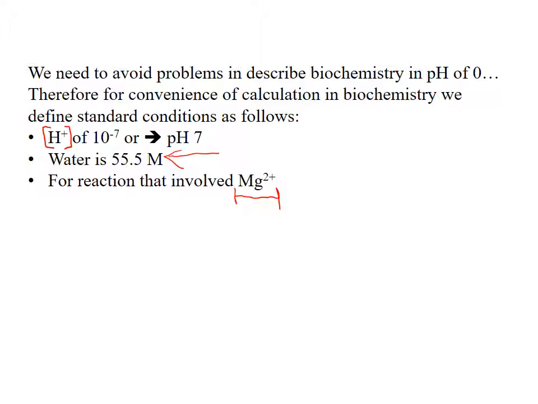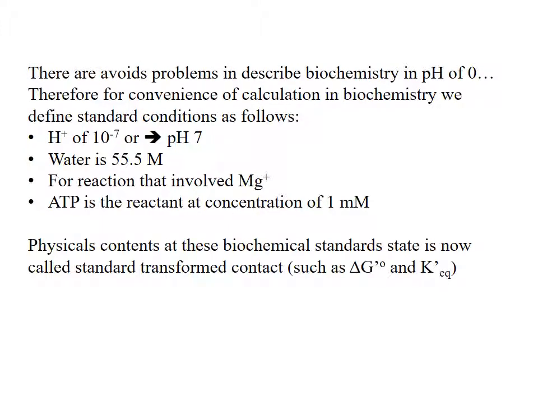I have briefly touched on magnesium, and we will talk a bit more in detail about the importance of magnesium in shuttling or the reactions involving ATP. Because we have changed these standard conditions, the physical constants for biochemical reactions, the standard conditions would now be called standard transformed conditions, and they are denoted with delta G prime 0 and K prime equilibrium.